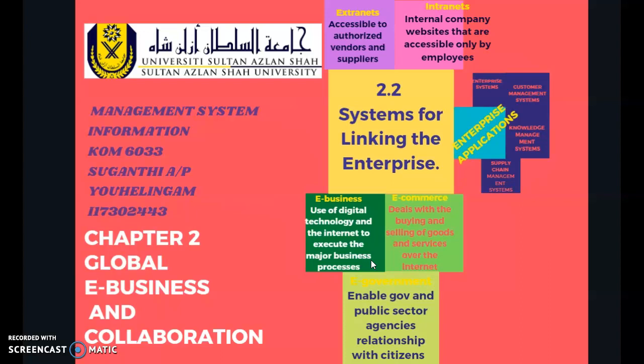E-business includes activities for the internal management of the firm and for coordination with suppliers and other business partners. E-commerce deals with buying and selling of goods and services over the internet. It also encompasses activities supporting those market transactions such as advertising, marketing, customer support, security, delivery, and payment.